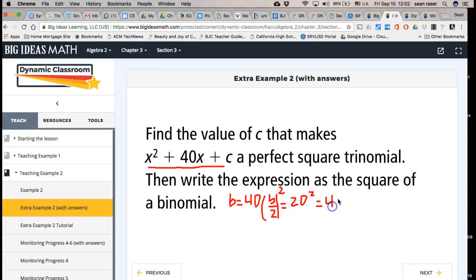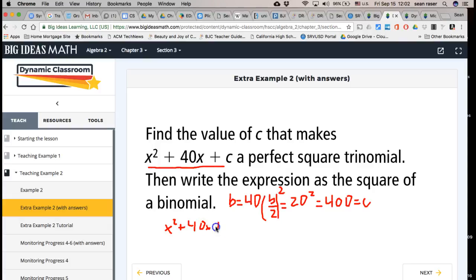So our c value would be equal to 400, and our trinomial would be x squared plus 40x plus 400.